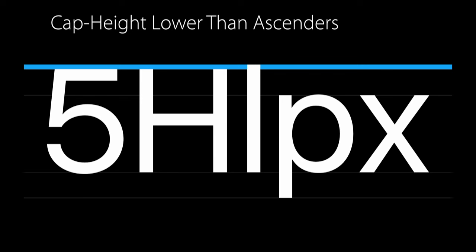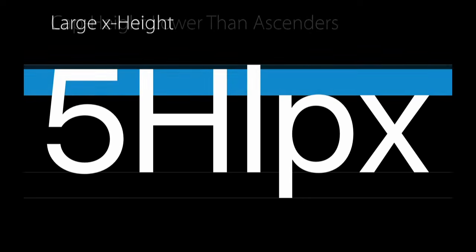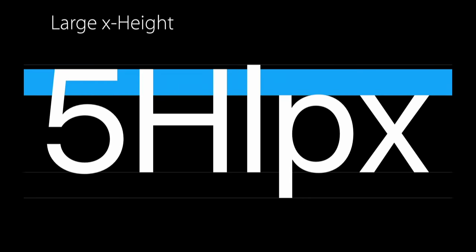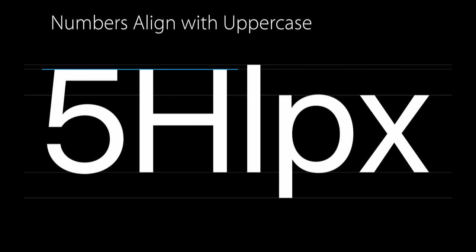The reason we did this is because we wanted it to work better in mixed case settings. And also, we increased the height of the x height a little bit. So we made the lowercase go towards the uppercase. And again, that improves mixed case settings, but also makes the lowercase larger, which is what you read the most. And so it's for better legibility. And lastly, the numbers align with the uppercase.